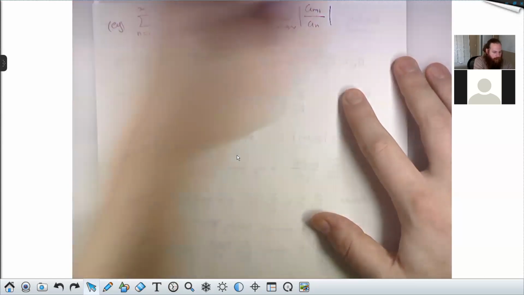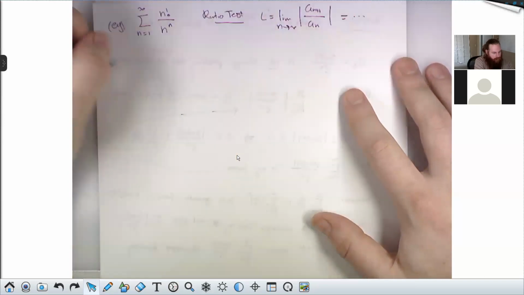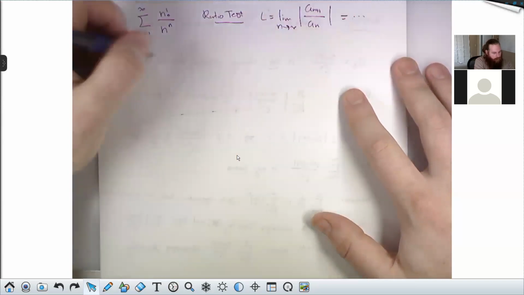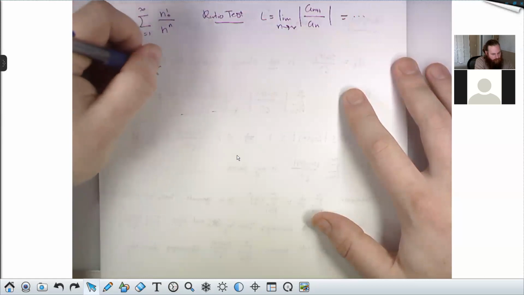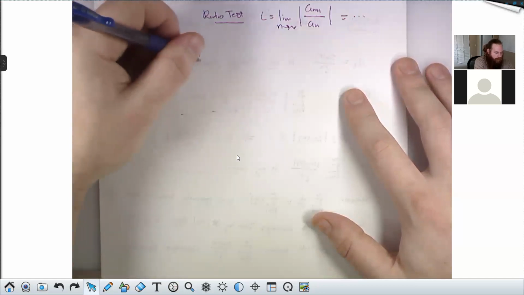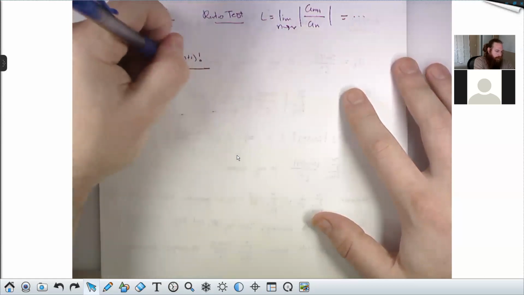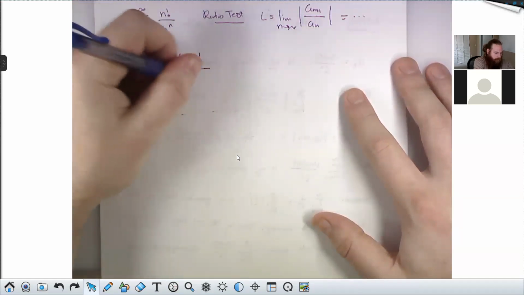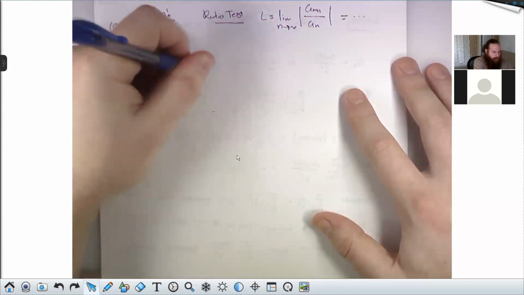And you do have to be careful with this. That's the limit as n goes to infinity of the absolute value of (n+1) factorial divided by (n+1) raised to the power of n+1.